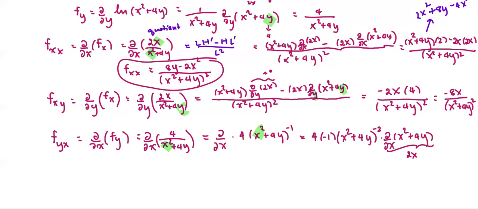Put them all together: 4 times negative 1 times 2x, to the power negative 2. We can bring it down to the power 2 of x squared plus 4y. Therefore, f_yx would be negative 8x divided by the quantity x squared plus 4y to the power 2.